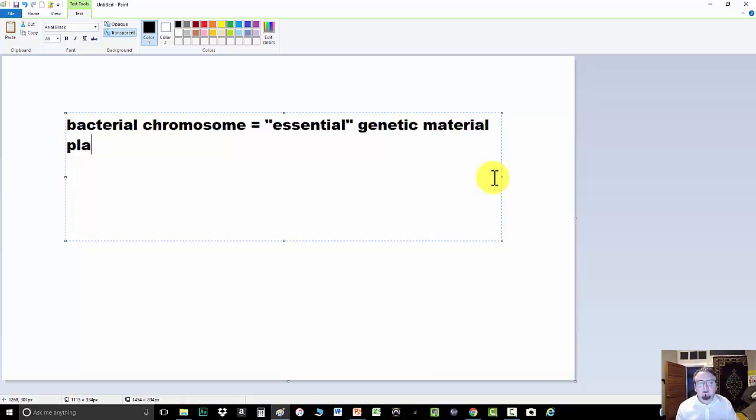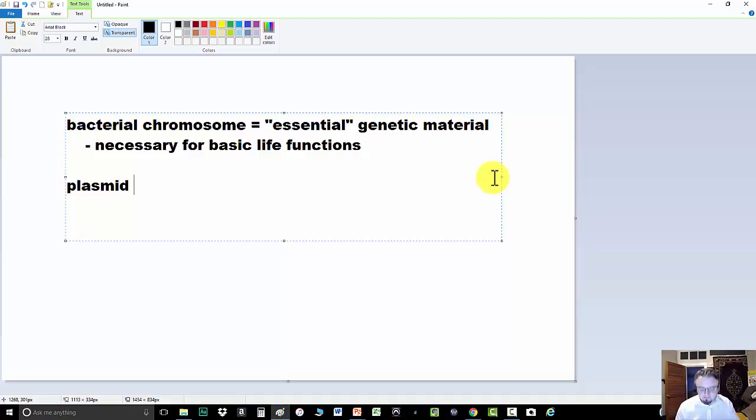What that means is it's necessary for basic life functions. In other words, the cell can't really survive if that chromosome becomes damaged or mutated to a certain extent.